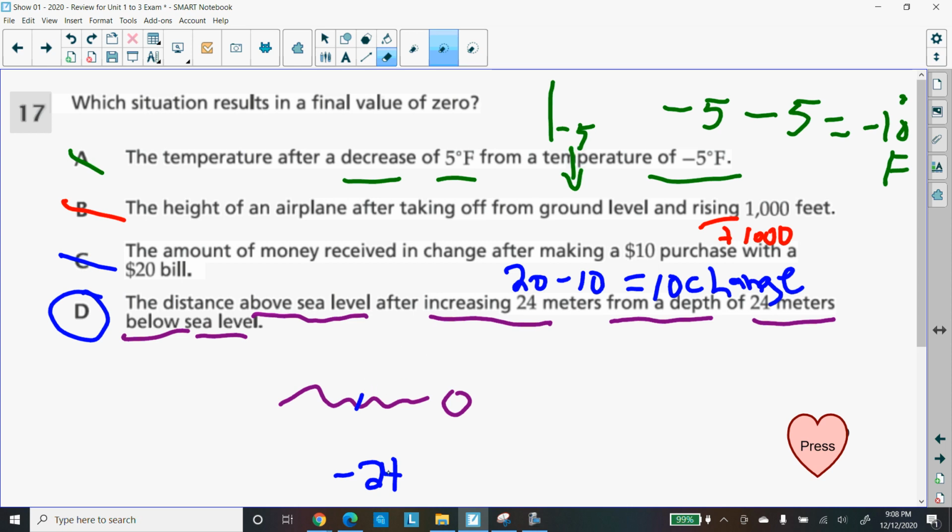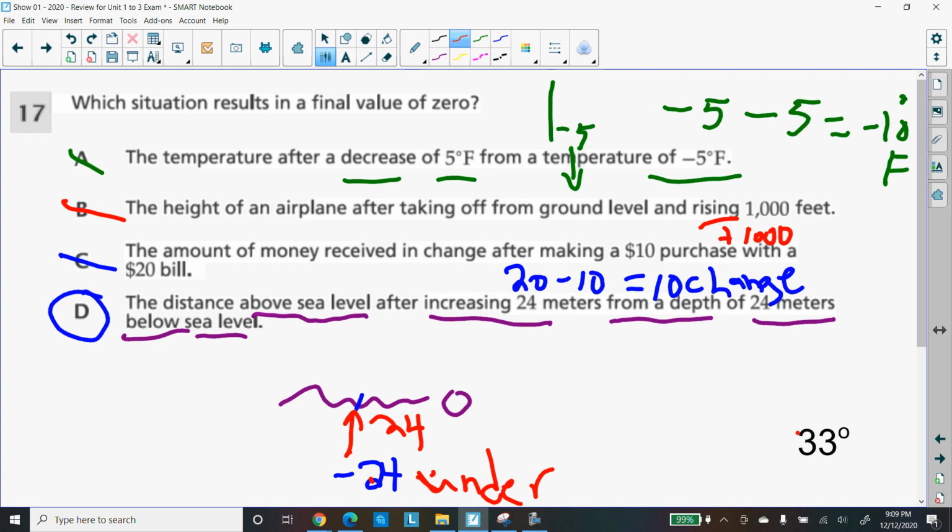So it was way down here, at minus 24, and it went up 24 meters. Now it is at sea level, which is at 0. So that's why it's got to be D, because it went up 24 when it was 24 meters under. So D is the correct one.